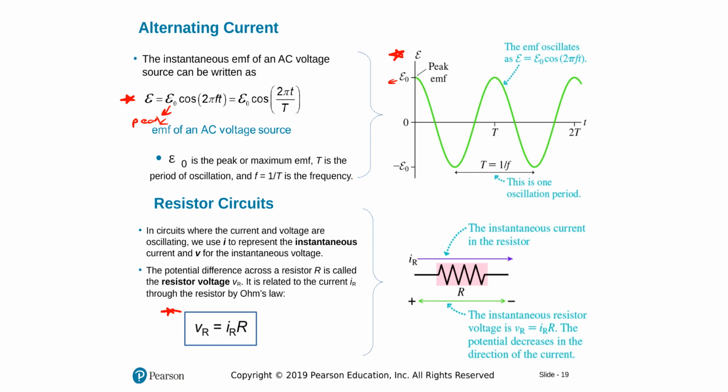So the only new learning here will be, we have an alternating current changing, and we will be looking at the peak values or average values of that alternating current.